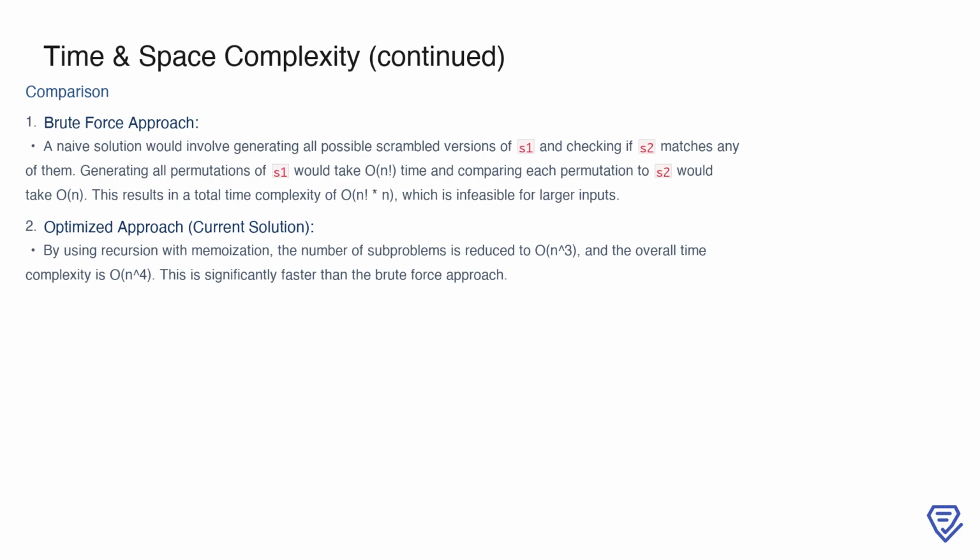This results in an infeasible total complexity for larger inputs. In contrast, the optimized approach uses recursion and memoization to reduce the problem space significantly. With n cubed unique subproblems and an overall time complexity of n to the power of 4, this solution is orders of magnitude more efficient than the brute force method.